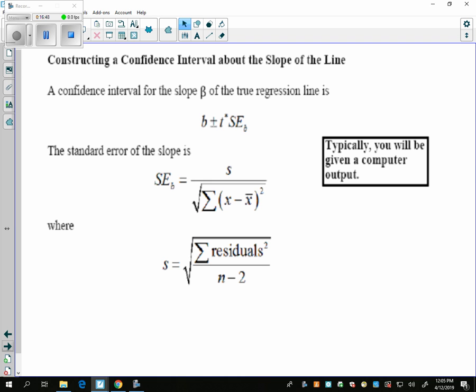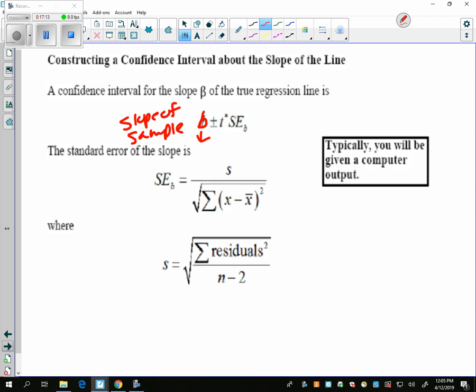So now, I have 2 more minutes. I'm going to keep going. So now, the confidence interval for the slope beta of the true regression line is this. So b is the slope of the sample.